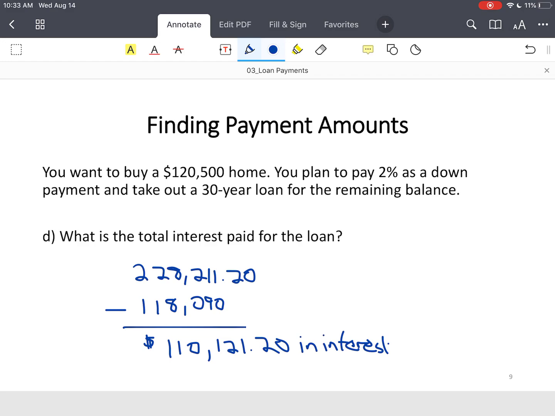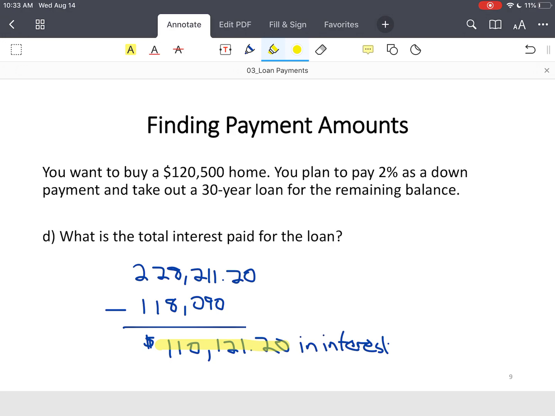So anytime you borrow money, whether it's a car, a personal loan, or a payday loan, you've got to make sure you understand what's happening, because to me, what's most important in this case is this number.